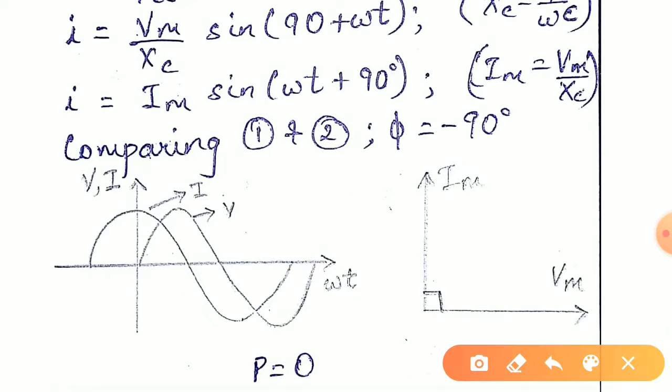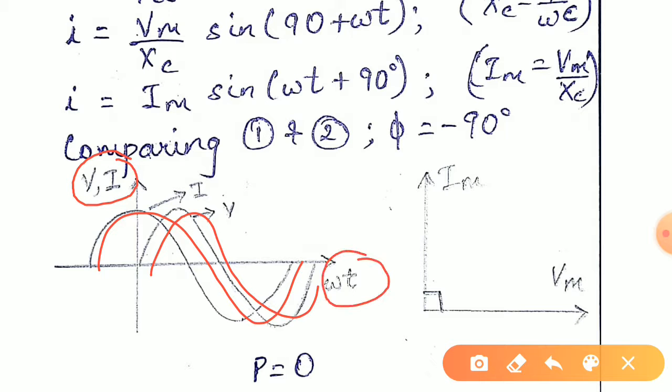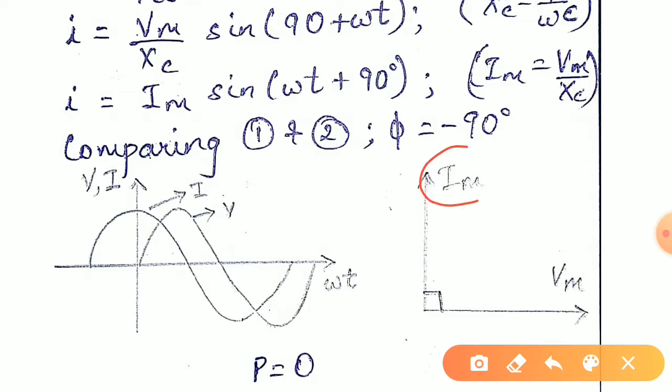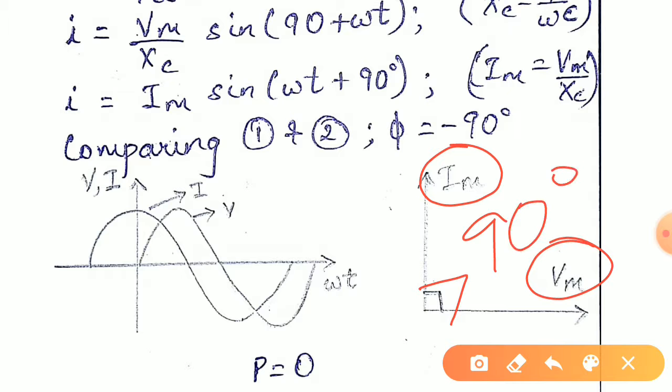That is, current is leading the voltage by 90 degrees, from the waveform drawn between voltage and current with respect to omega t, as well as when a phasor diagram is plotted between current and voltage, we can see that there is a phase difference or out of phase of 90 degrees between voltage and current.